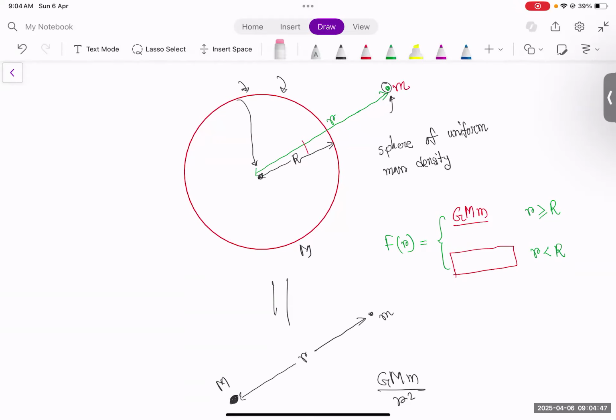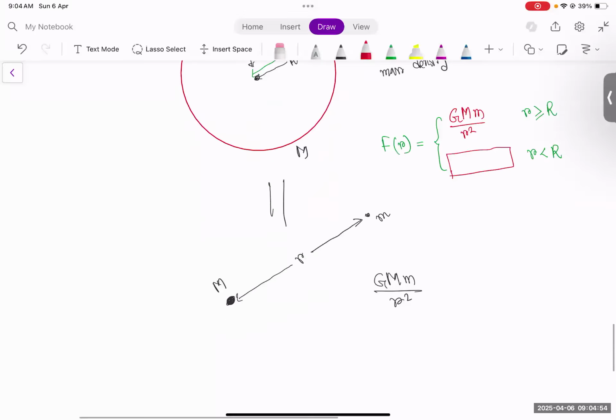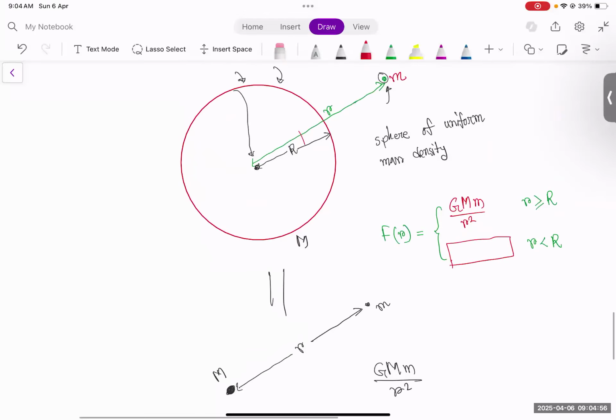The trouble is the next case. What happens when your object is now inside the sphere? This is a very common problem, as for Earth we normally solve problems like what the gravitational force is above the surface, below the surface, and so on.